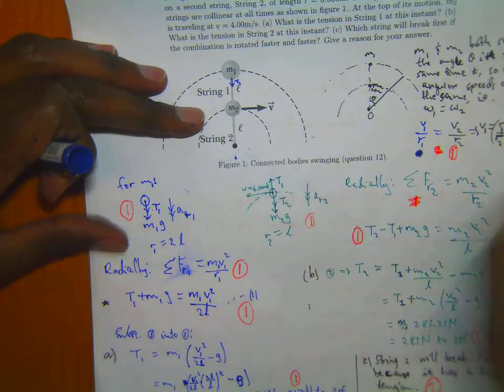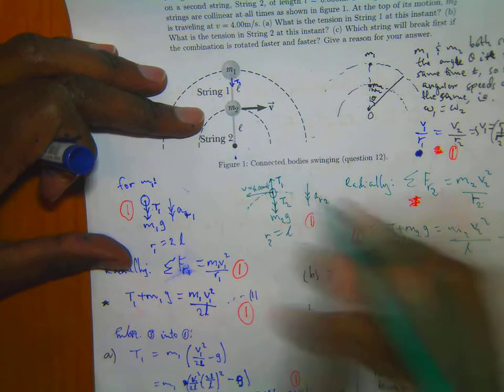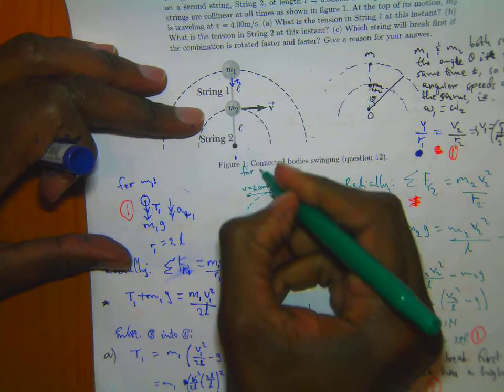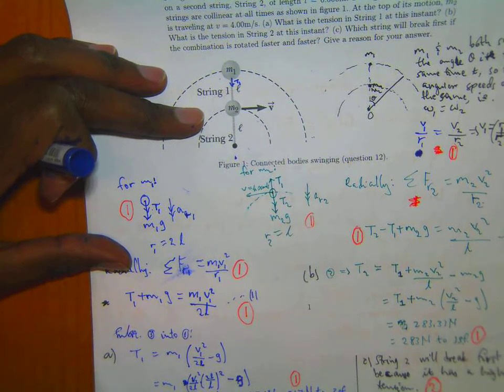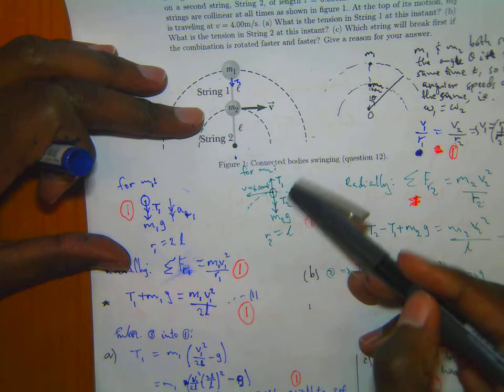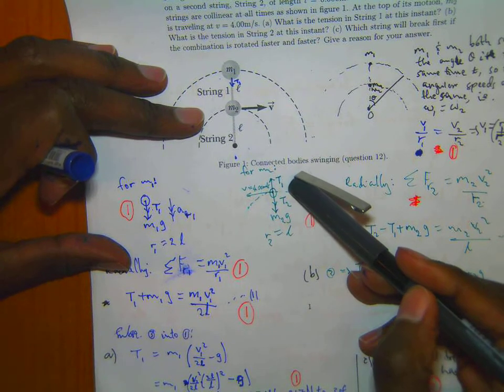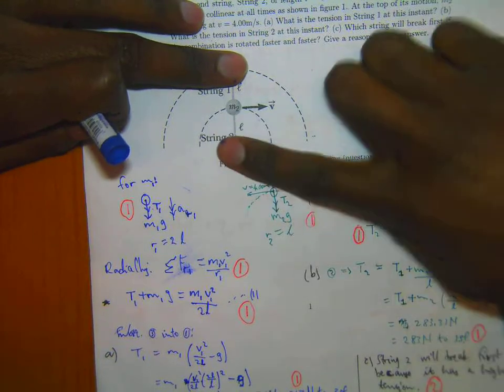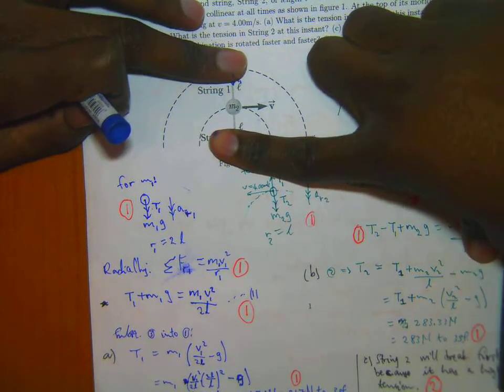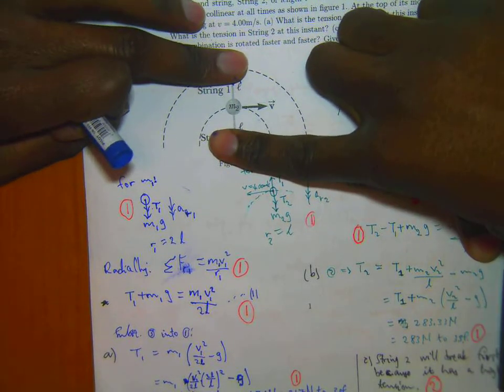Now for M2, which forces are acting? Cover everything else, ignore everything else. Just look at M2.